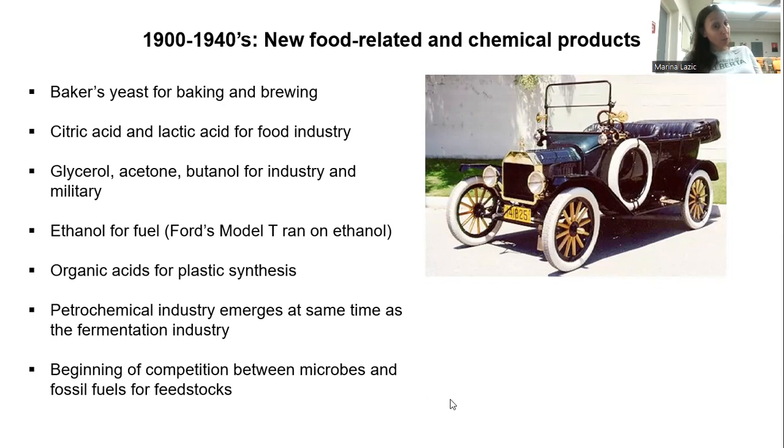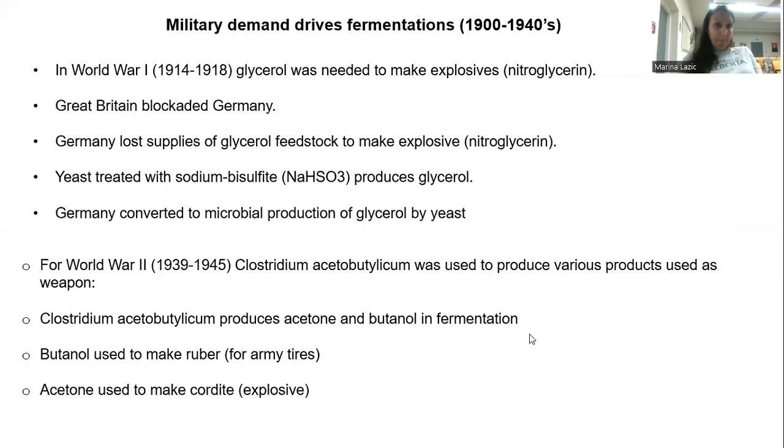There was ethanol for fuel, and there is a picture of this cool Ford Model T that ran on ethanol. You can Google a little bit of that. There are a few cool articles. Organic acids for plastic synthesis, petrochemistry. So basically, this is the beginning of competition between microbes and fossil fuels for feedstocks.